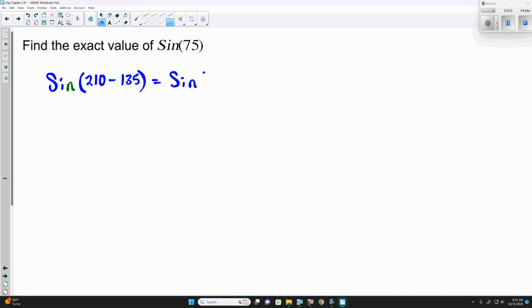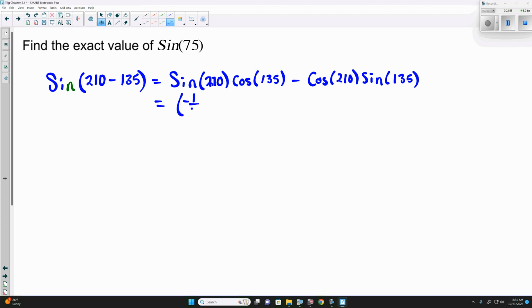Now, according to the formula, this is sine of alpha cosine beta minus cosine of alpha sine of beta. Now, sine of 210 degrees is negative 1/2. Cosine of 135 degrees is negative square root 2 over 2. Minus cosine of 210 is negative square root 3 over 2. And sine of 135 degrees is square root 2 over 2.